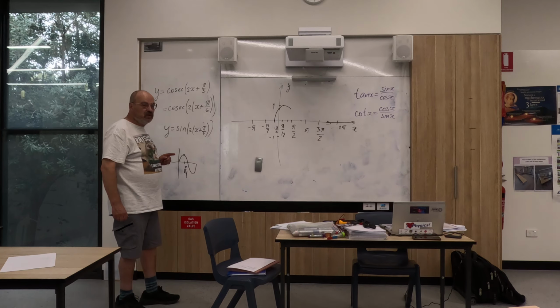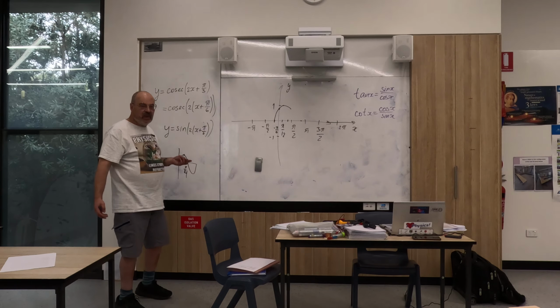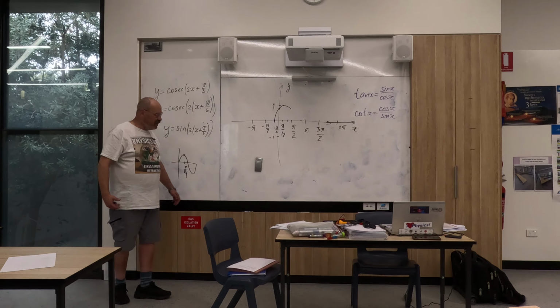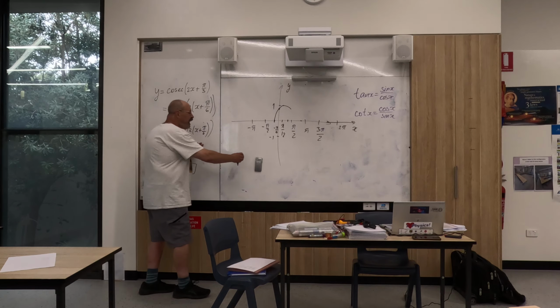Where will the next 0 be? It says in the question from negative pi to pi. That's what the question says. We haven't got to pi yet. What would it be if we had?